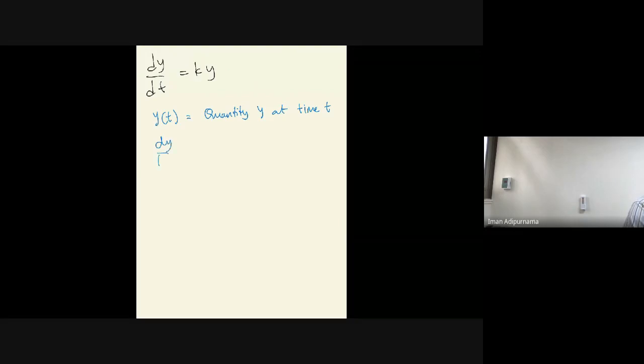And then dy/dt means it's the rate of change of y, and it is proportional to y(t) at any time.